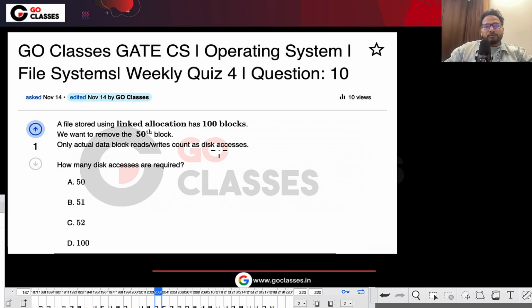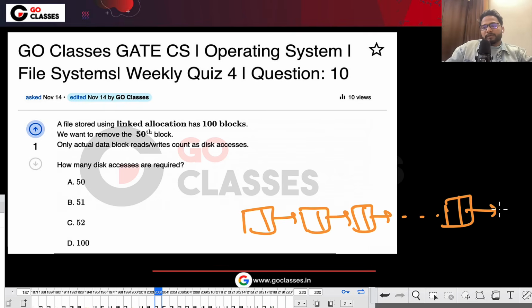Now let's see this question. They are saying that we want to remove the 50th block in the linked allocation. If there are 100 blocks, let's suppose this is the 50th block and you want to remove this.